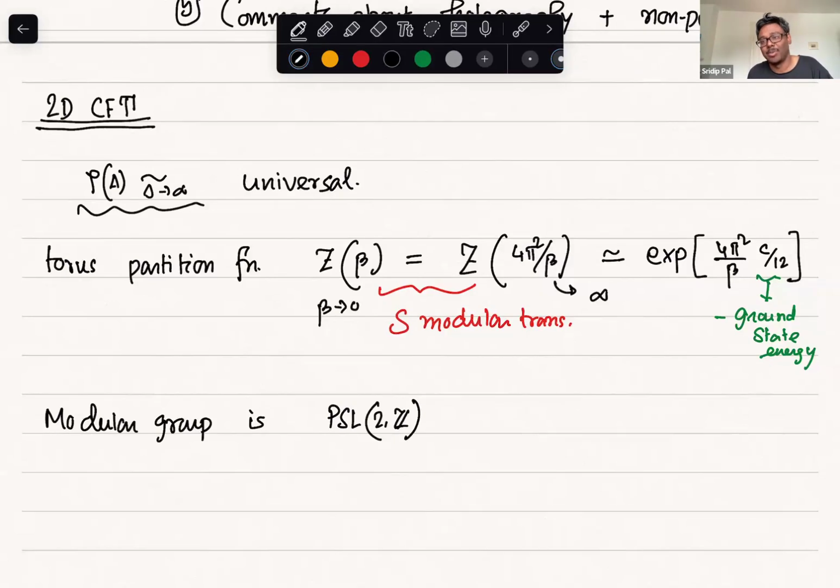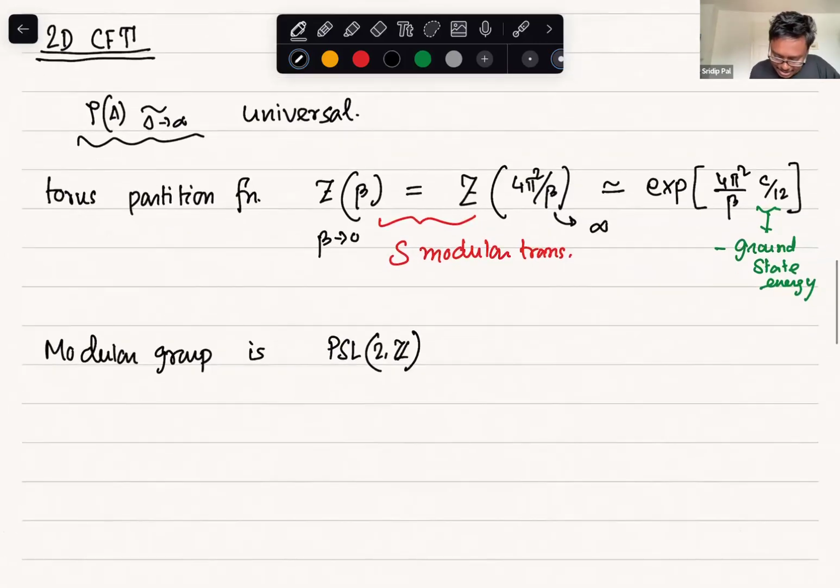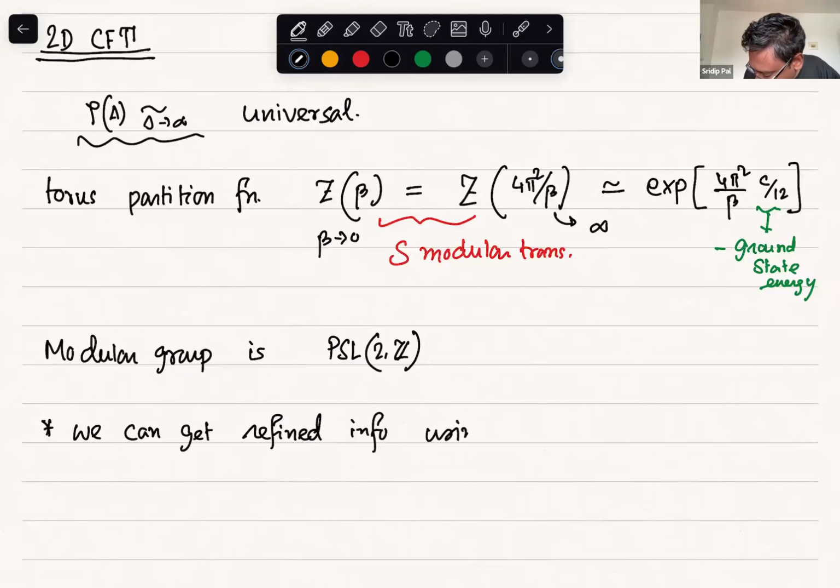So you may ask what happens if we use the other modular transformations? Can we get some refined information? And indeed, the answer is yes. We can get refined information using other gamma inside PSL2Z.